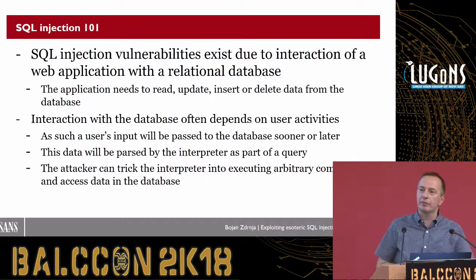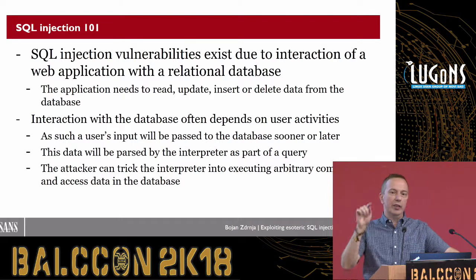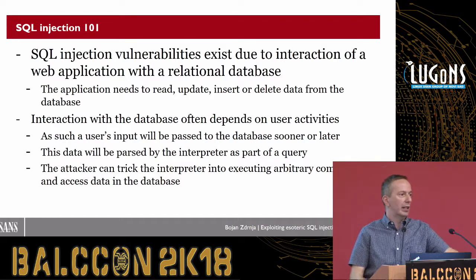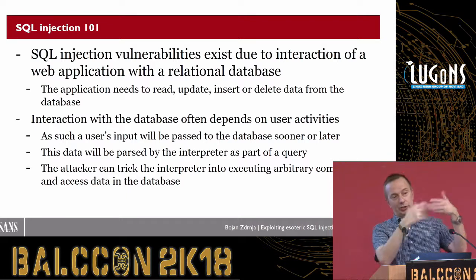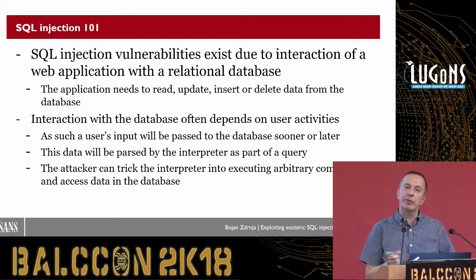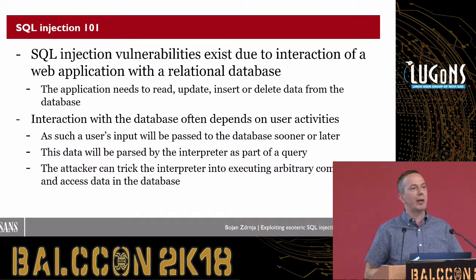So the interaction with the database normally depends on user activities. When we click in our browser on a window and we want to sort something, normally what happens is that either the application already has the data and sorts it for us, or it will issue a SQL query to the database, and that SQL query will actually contain certain input that is received from us.